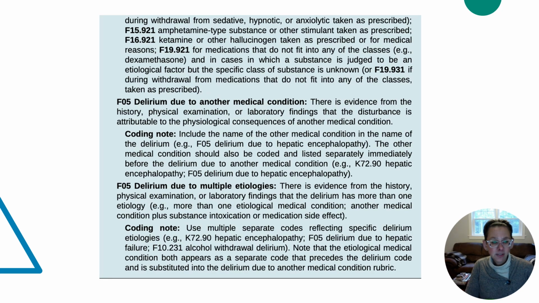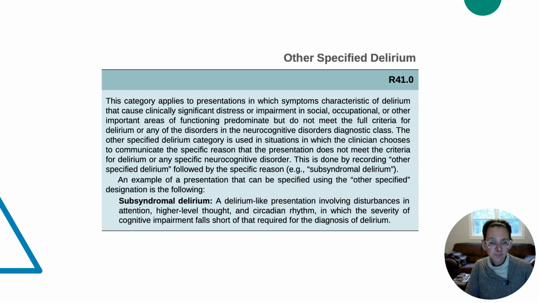Delirium due to another medical condition. I've seen someone delirious with really high blood sugars. And then you can code for multiple etiologies. Other specified delirium. This is an interesting one. Subsyndromal delirium: a delirium-like presentation involving disturbance in attention, higher level thought, and circadian rhythm, in which the severity of the cognitive impairment falls short of that required for a diagnosis of delirium.